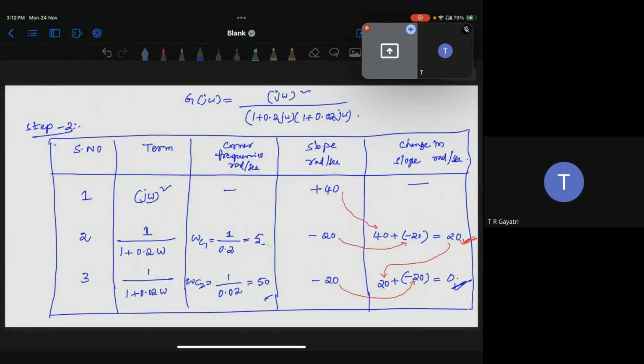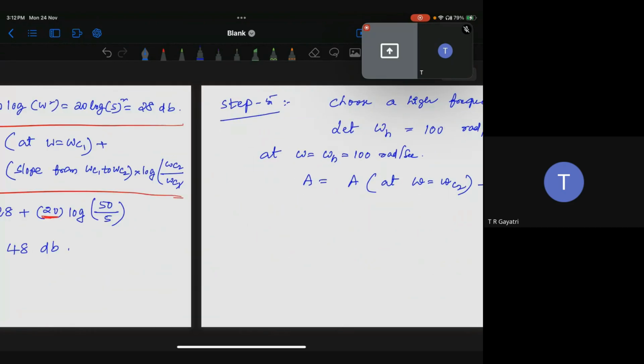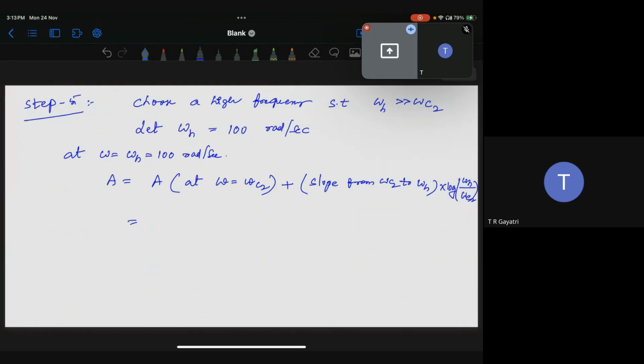This one, 0. So now we will substitute. At omega equal to omega C2, that is already 48, plus the slope is 0, multiplied by log 100 by 50. So this is again equivalent to 48 dB.